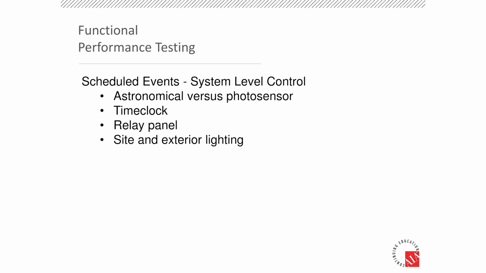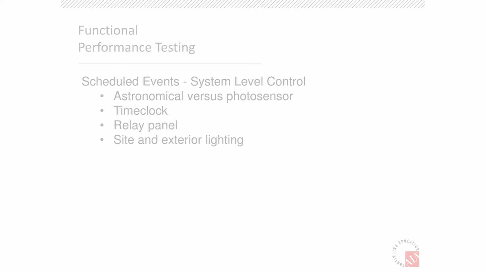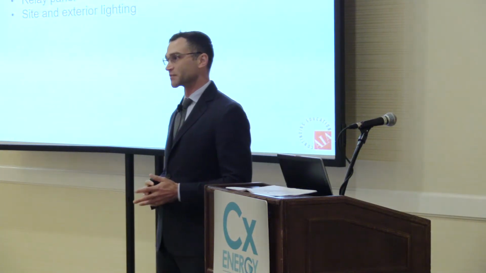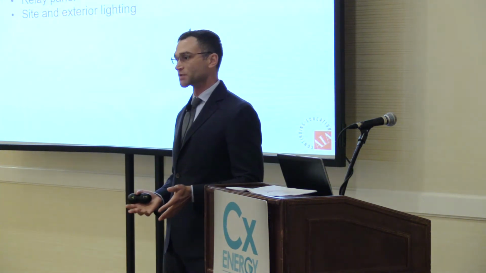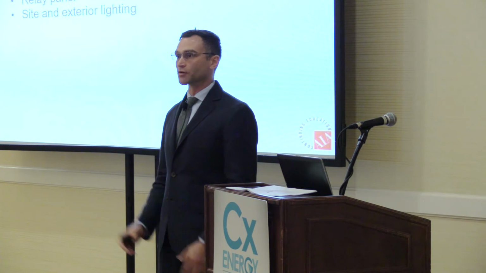So here's another aspect of lighting controls. Again, we're not going to go into too much detail, but I highlight it here because this is how we break up commissioning of lighting controls. Depending on the complexity of the system, we essentially break it up into several components. First, you can consider local control.